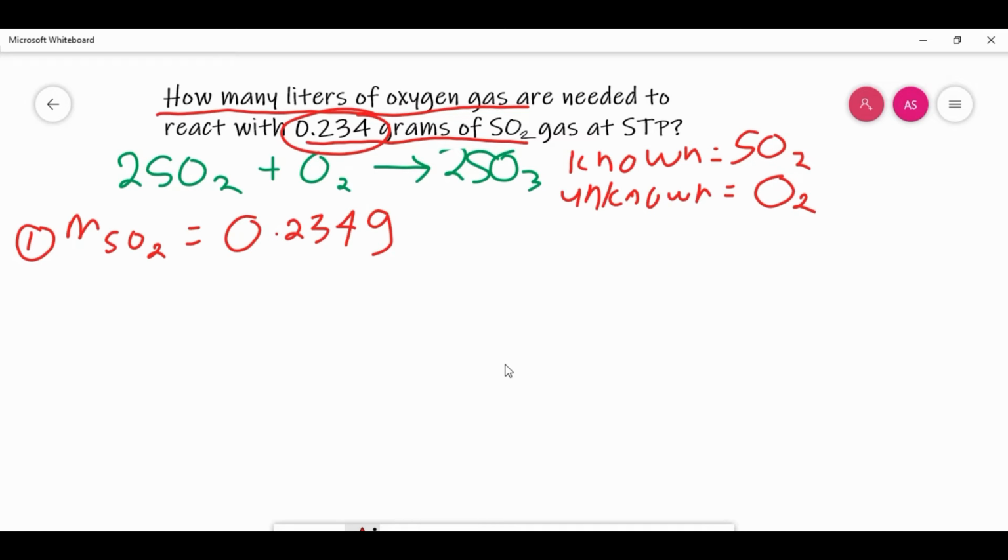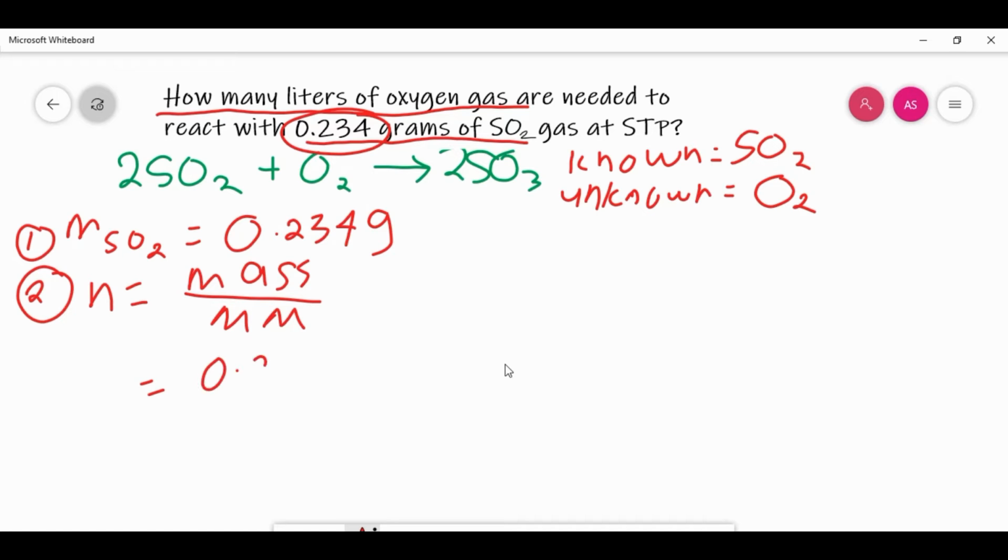Now, since we have mass, we know that in order for us to find the number of mole, we have to use the formula n equals mass over molar mass. So, mass untuk SO2 adalah 0.234 gram.